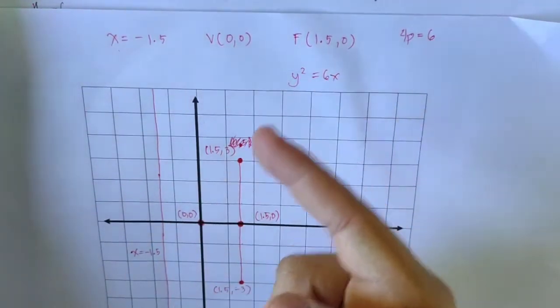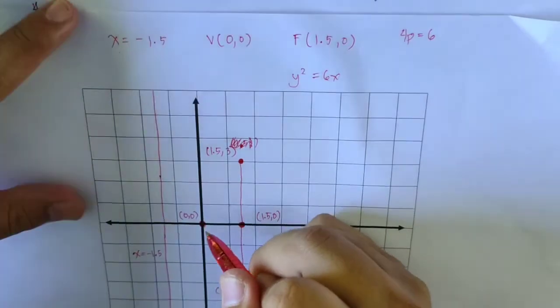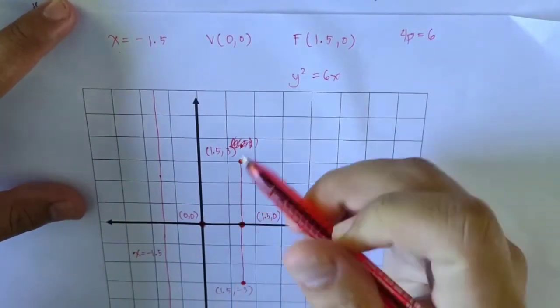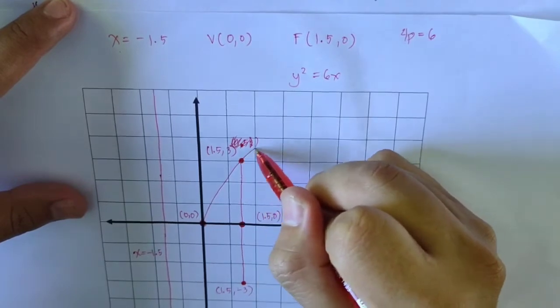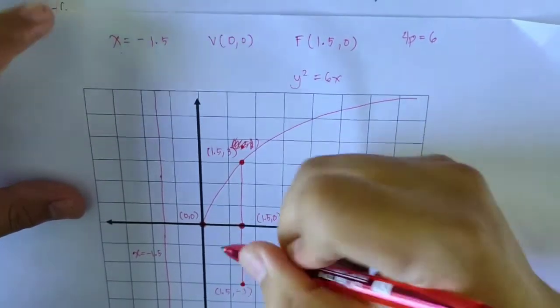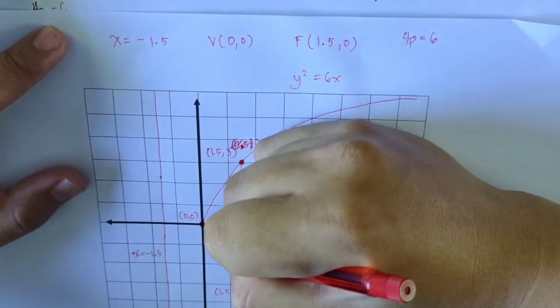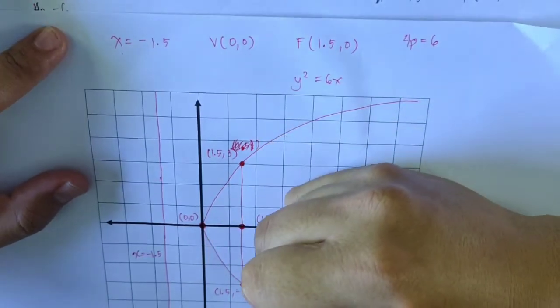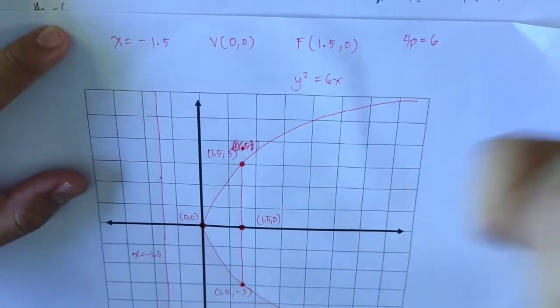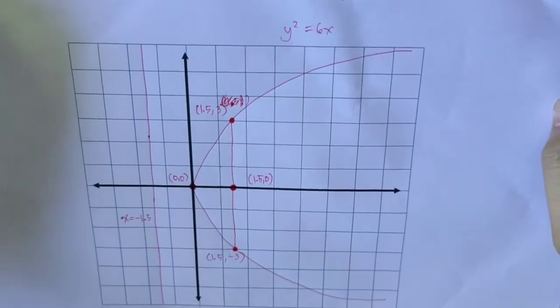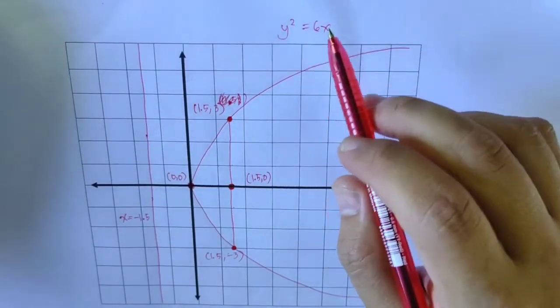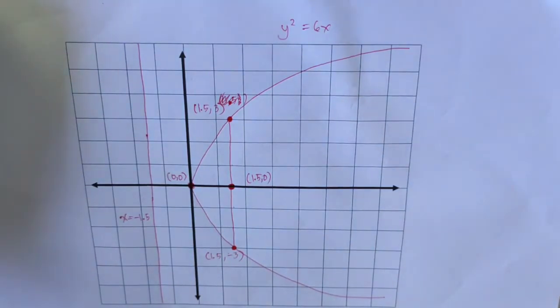Pero since positive siya, papunta sa right. So, tuloy lang natin to. Okay, sa kabila naman. Okay, so ito na yung graph ng parabola natin with equation y squared equals 6x.